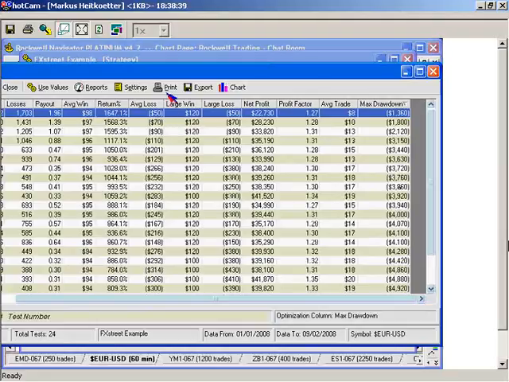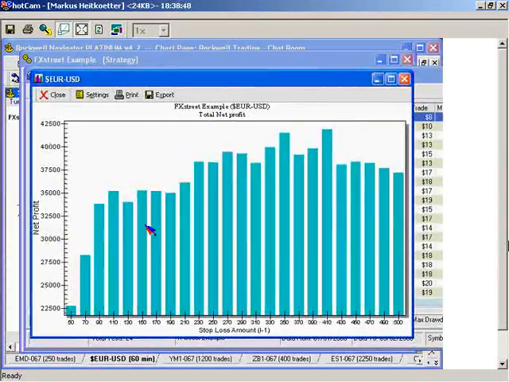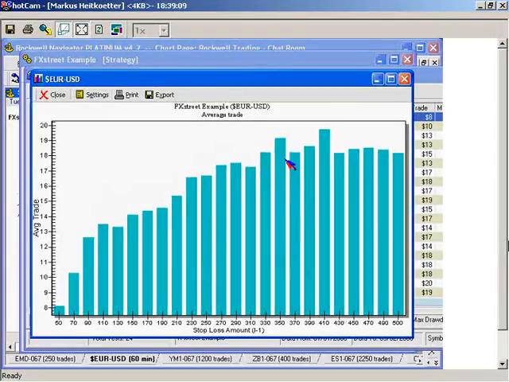Okay, let's just display it on the chart and look at the net profit here. And yeah, no surprise, the higher our stop loss, the higher our average profit, our total net profit. Let's take a look at another setting, the average profit per trade. So let's take a look at this because this is something that we want to take into consideration.